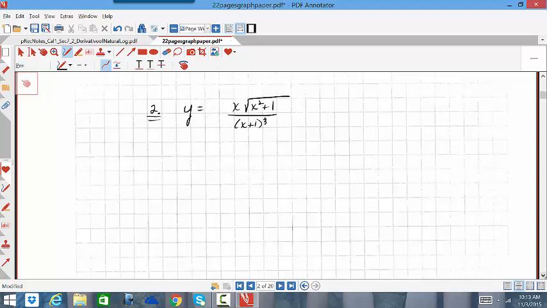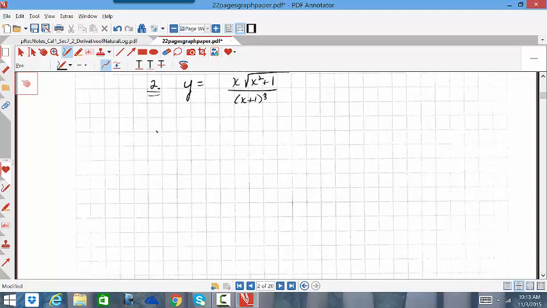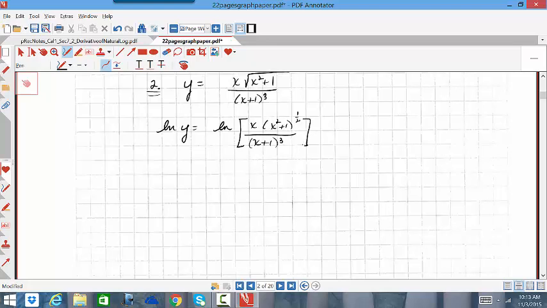So the first thing we do is take the natural log of each side. So the natural log of y equals the natural log of this rational expression. And I'm going to change this to x squared plus 1 to the 1/2 power over x plus 1 cubed. Take the natural log of the whole thing.